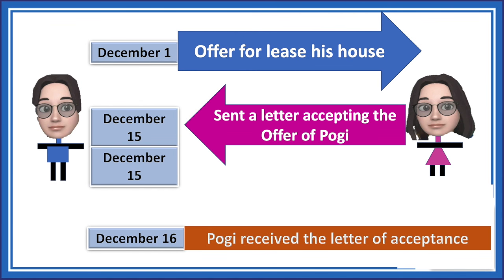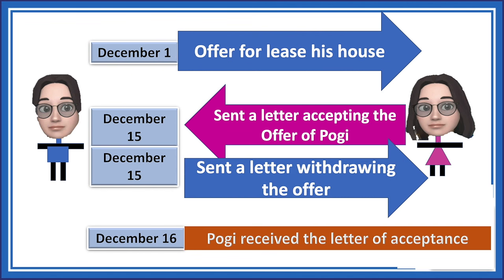On the morning of December 15, Pogi had already written a letter withdrawing the offer. Okay? He was withdrawing the offer to Ganda to lease out his house. Ganda did not know that. Ganda did not know that Pogi had withdrawn it. The following day, she sent a letter of acceptance. Question, was there a contract?